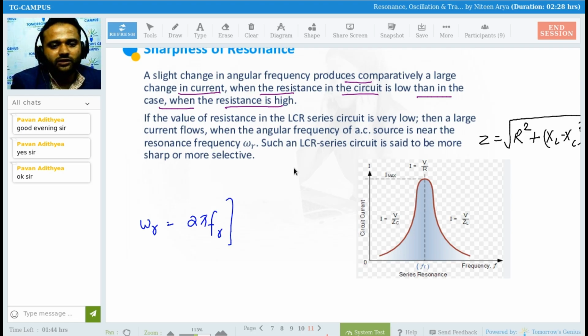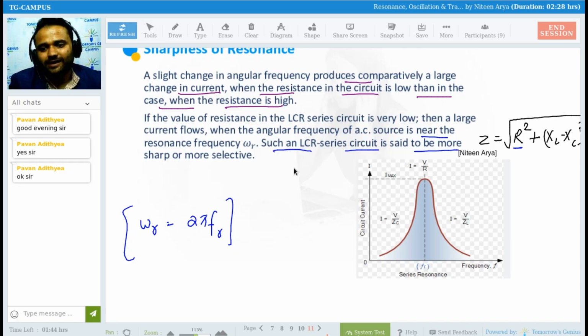So at which particular condition is the impedance going to be least? When you have only a pure resistor. So when the angular frequency of the AC source is near the resonance frequency, such an LCR series circuit is said to be more sharp or more selective.